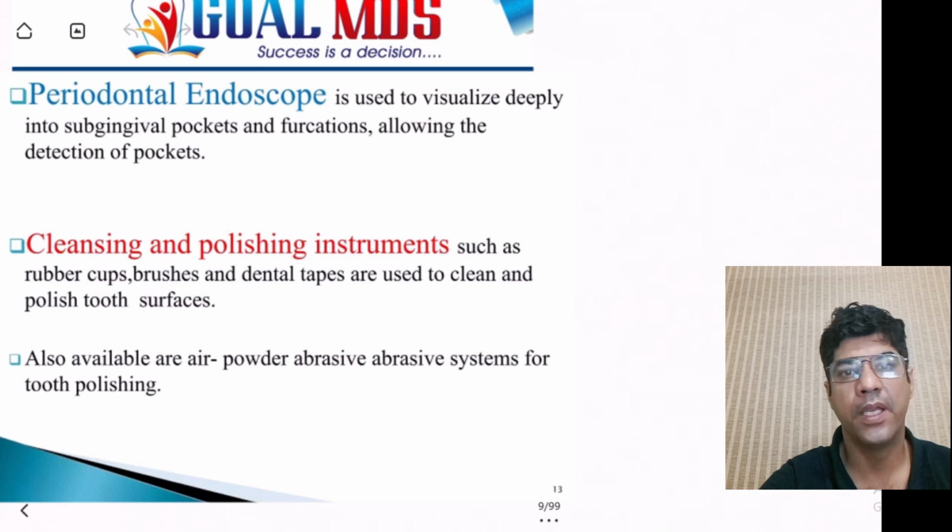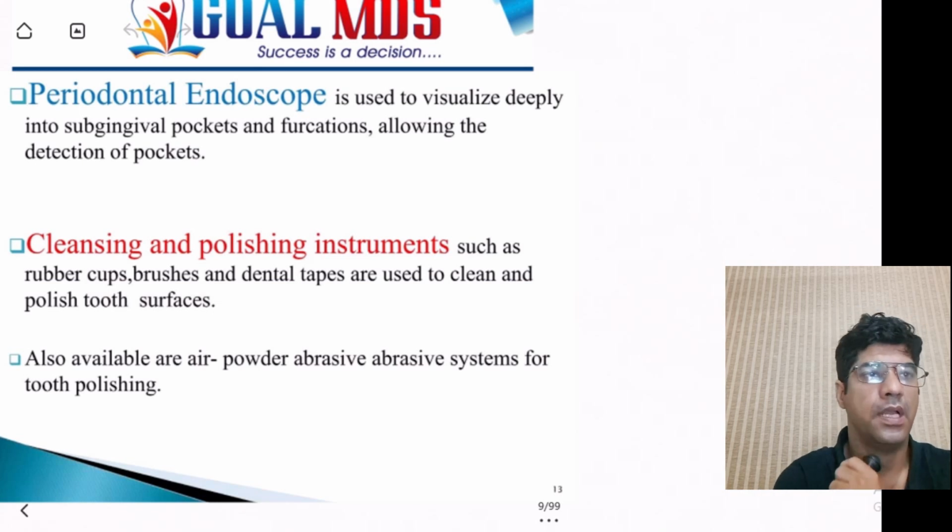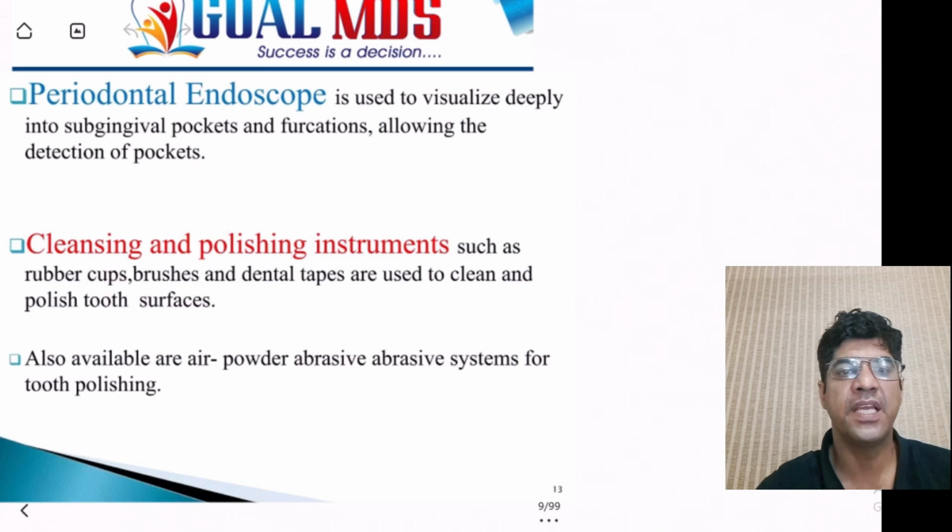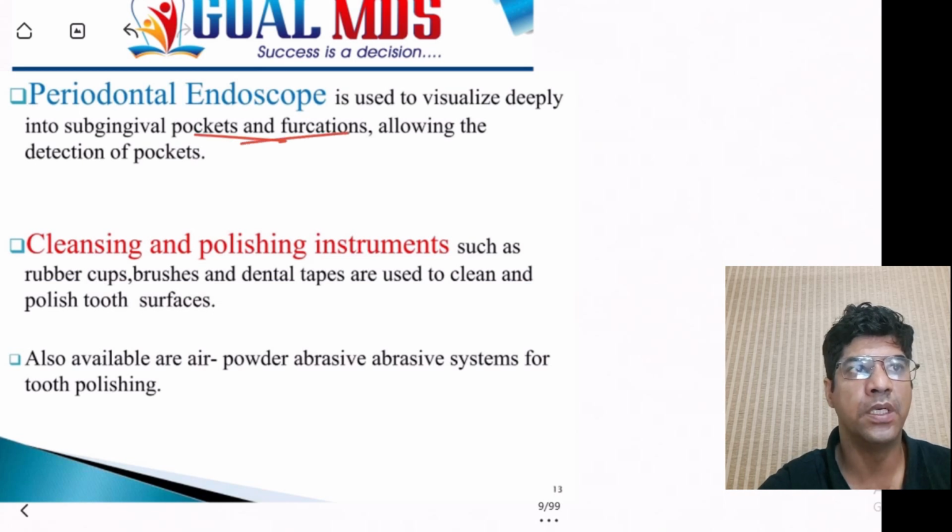The third are the sonic and the ultrasonic instruments. The next is the periodontal endoscope. The periodontal endoscope consists of a thin flexible fiber optic camera that is inserted into the pocket.